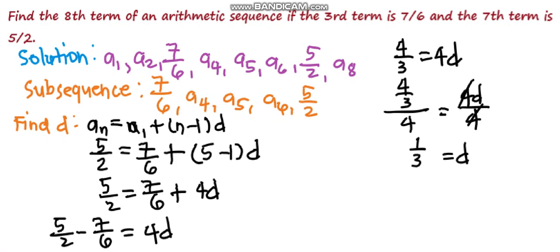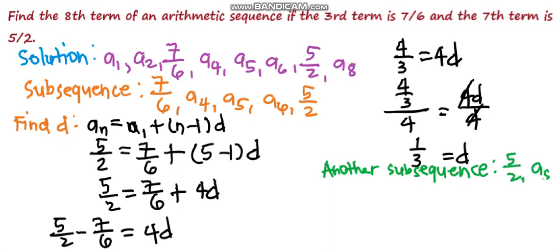Let's use green. Okay? So, another subsequence natin, that is 5 halves, tsaka A sub 8. Klarado yung first term, at yung last term natin ay yung hinahanap natin. Okay? That will still work.